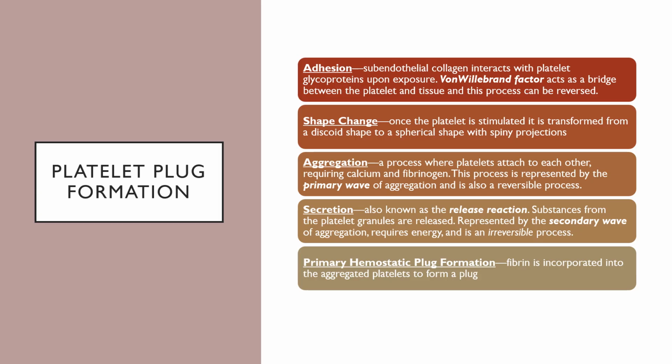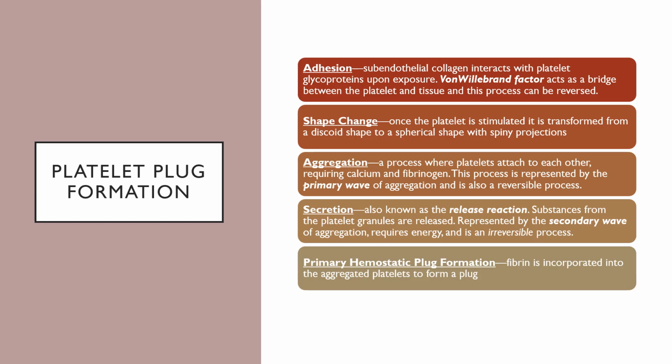And at that point, we have a primary hemostatic plug formation. Fibrin is incorporated into those aggregated platelets to form a plug. But we're not done because, as you know, we need to stabilize that plug. And of course, that is done through the coagulation cascade in our secondary hemostasis that we've already talked about.